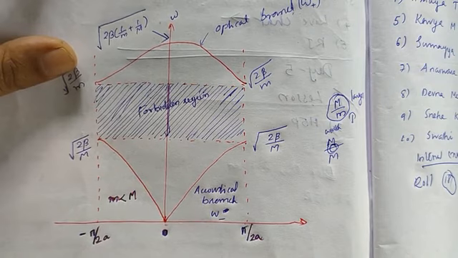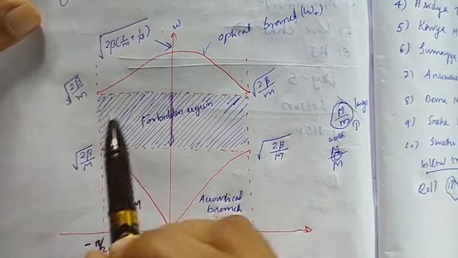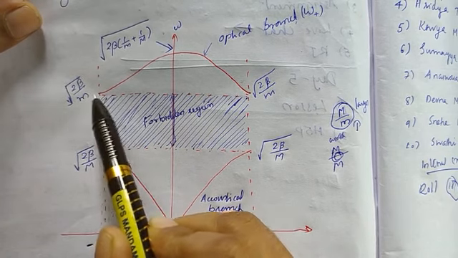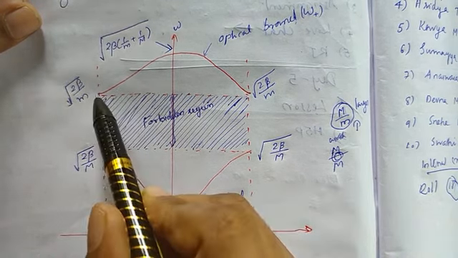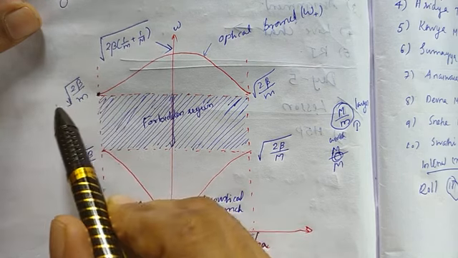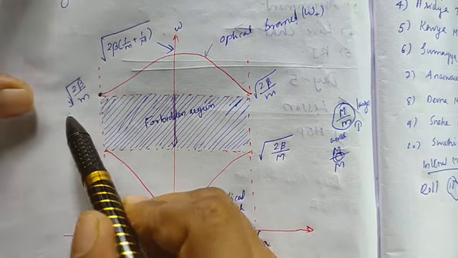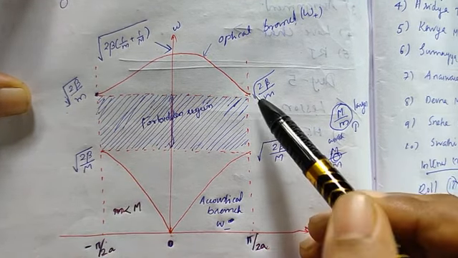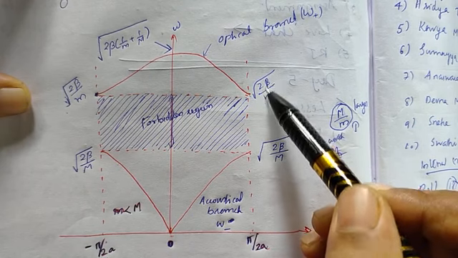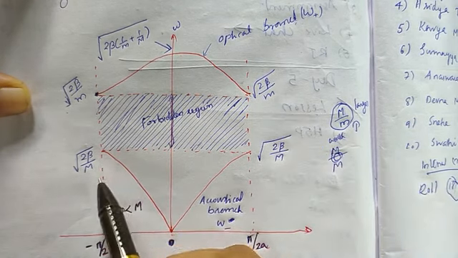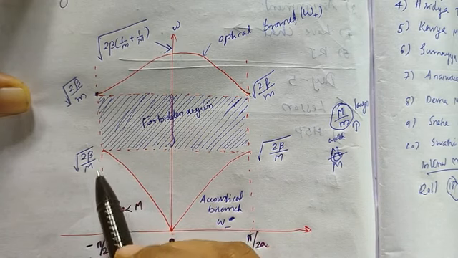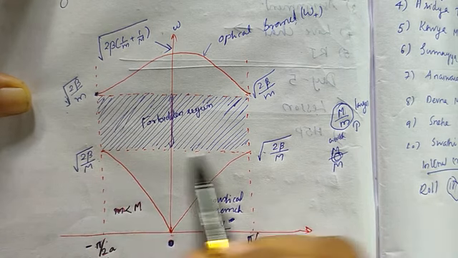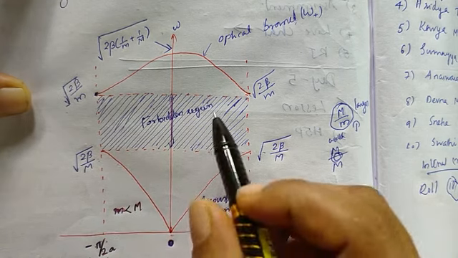So how can we explain that feature? Note that this is the point representing omega plus corresponding to k equal to minus pi by 2a, and this is the point corresponding to k equal to pi by 2a, which we have derived already. The corresponding values of omega minus are at k equal to plus or minus pi by 2a, these two points, and this one corresponds to 0.